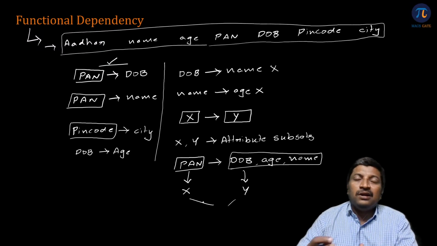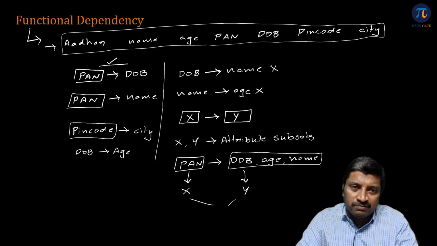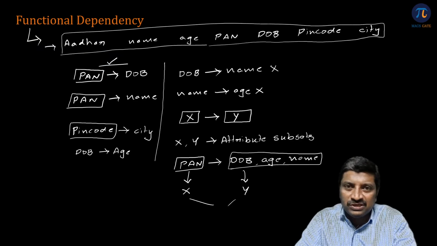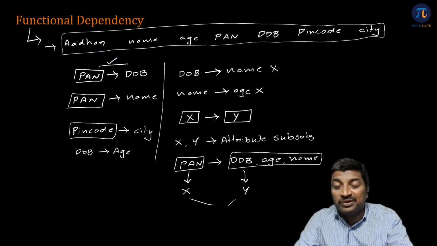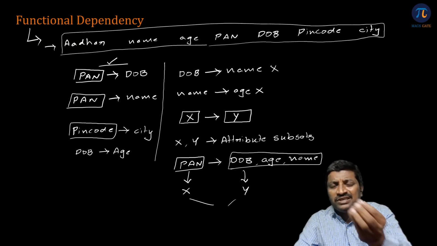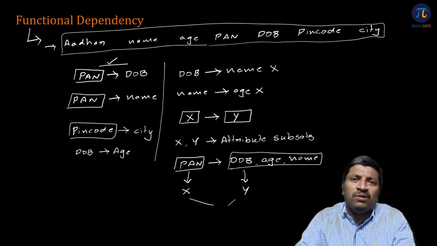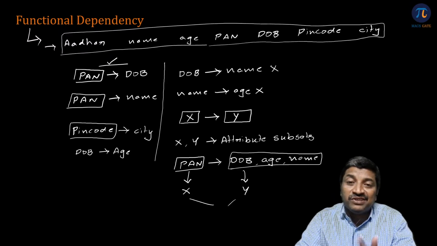Is that clear? Now the question is, this is the example which every one of us is familiar with. That means we know what is Aadhaar, what is name, what is age. But if you go to some real-time database, then we may not even be able to pronounce the attribute name in that table. They may give something like XYZ104. Then what is the meaning of it? I don't know. Whenever we don't have domain knowledge in that particular database, how to identify the functional dependencies?